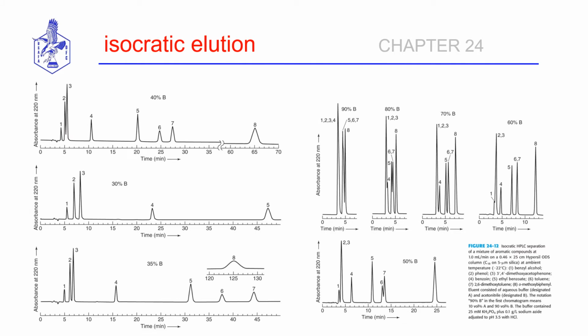When we carry out a separation, we have to choose the nature of the solvents we're using in the mobile phase. Are we going to use the exact same mobile phase components in the exact same proportions throughout the entire separation or not? If everything remains constant throughout the entire separation, that is called isocratic elution.